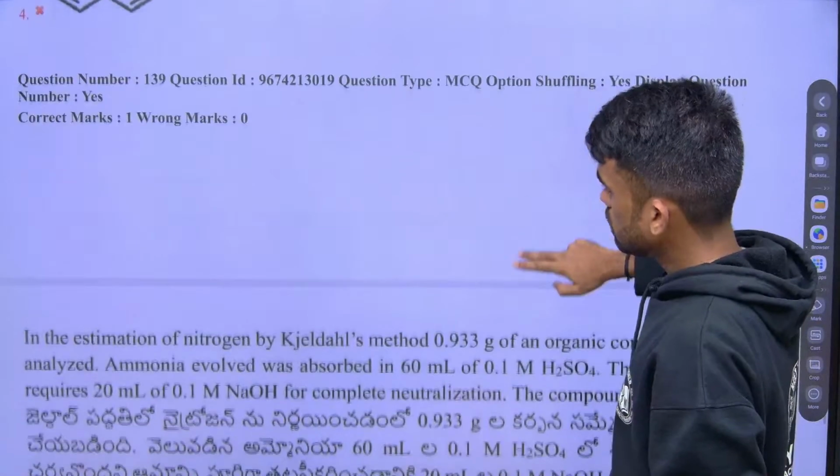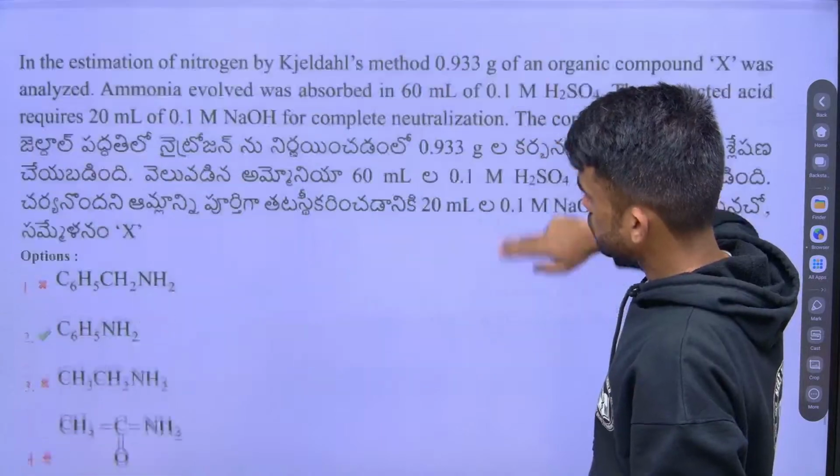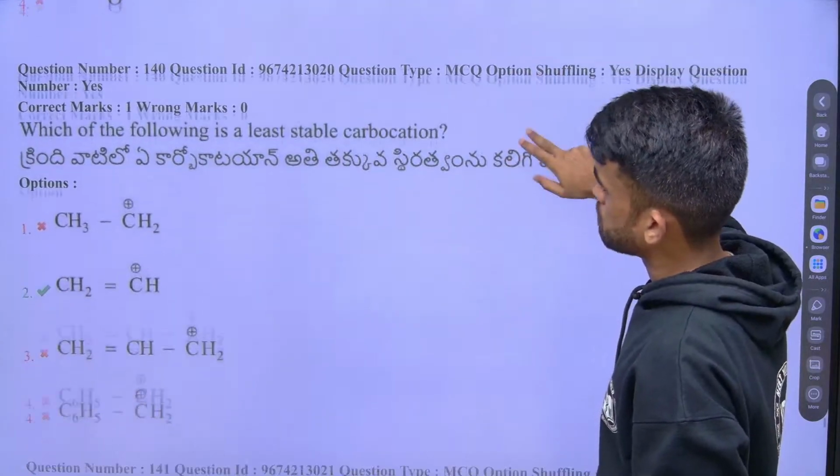Next, which of the following is the least stable carbocation? So which is least stable? See, this allylic can be stabilized by these pi bond electrons, right? And this phenyl ring is attached to this carbocation. So this we should call a benzyl carbocation, and this is an allyl carbocation. Both are highly stabilized by mesomeric effects.